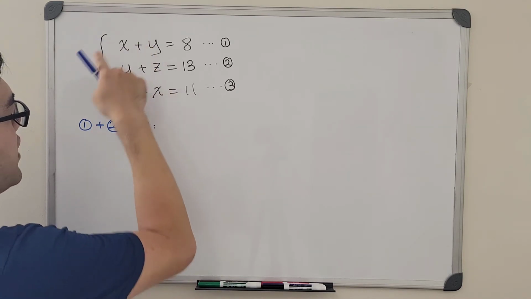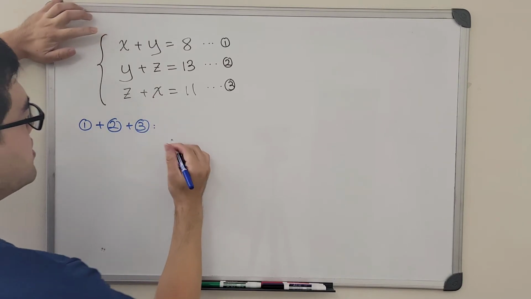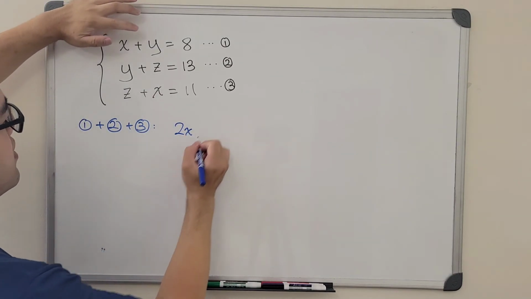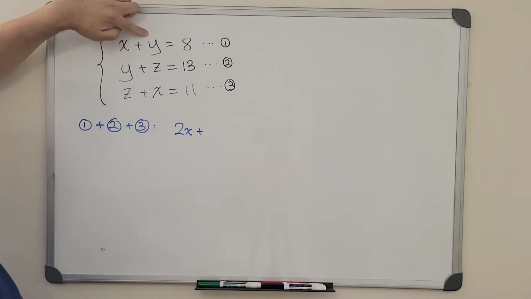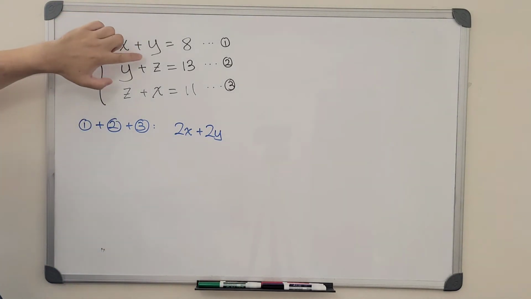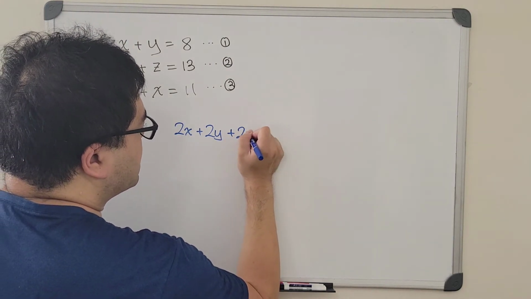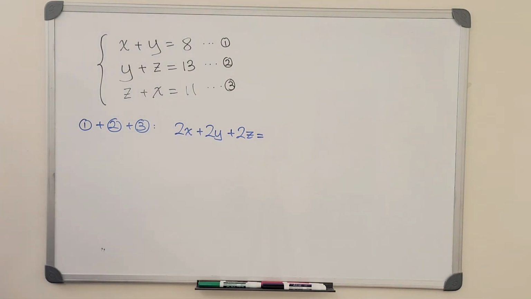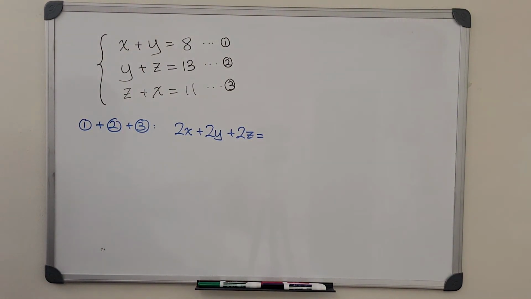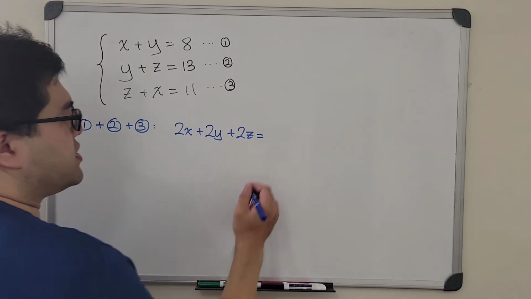If we add all of them together on the left-hand side, we have x plus x giving us 2x. And then we have one copy of y and another copy of y to give us 2y. Lastly, we have z plus z giving us 2z, which is equal to the sum of the right-hand side. 8 plus 13 is 21, plus 11 gives us 32.